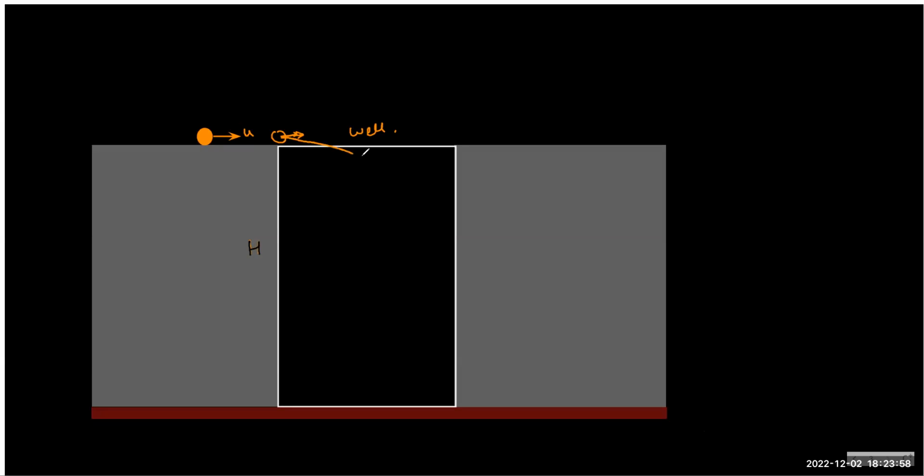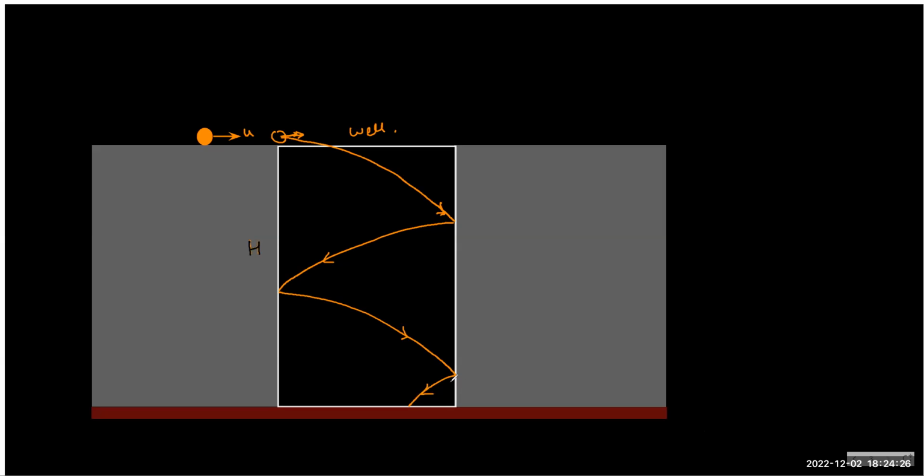So it will go like this. Assume the impact is not changing the speed, so it will reflect back from here. It will make impact, then it will again reflect back. And it may fall like this.